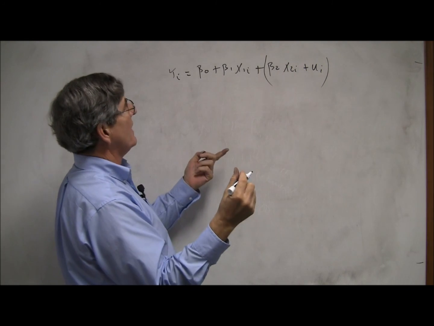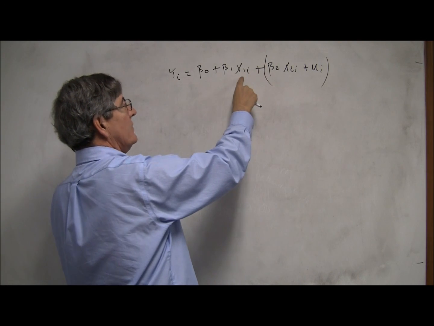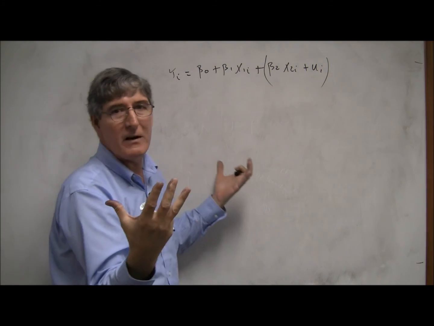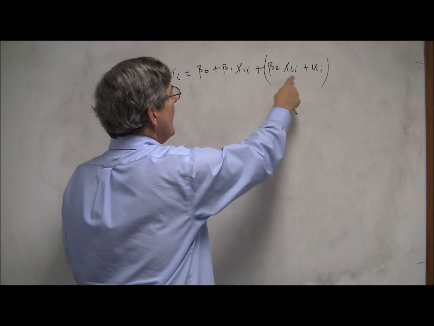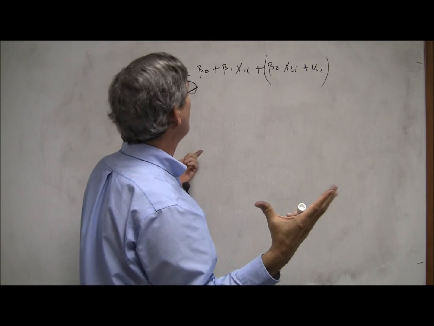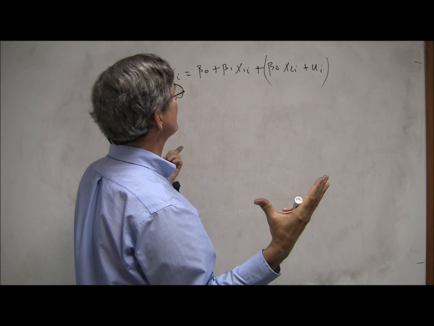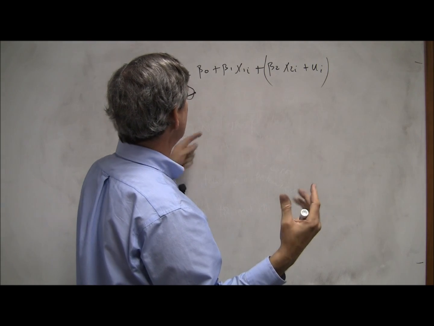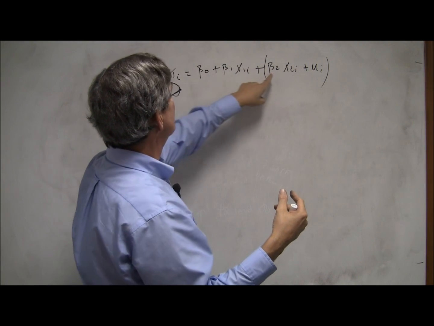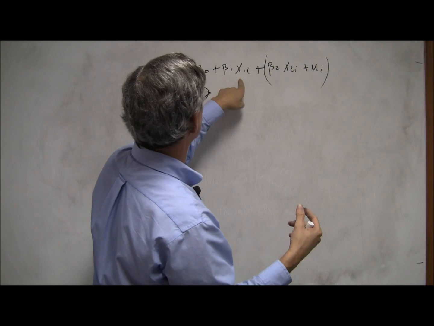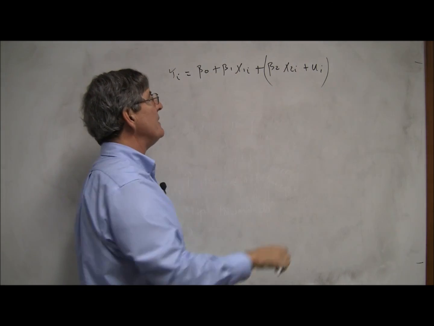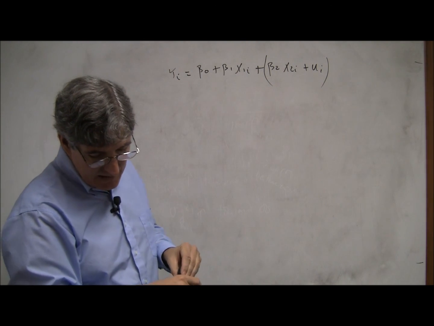But now I've got an omitted variable problem because this is correlated with this. It's highly correlated. They're imperfectly multicollinear. And it causes this. So both of the conditions for omitted variable bias would be there, and beta 1 would be hugely biased if there was a high degree of correlation between these two. So you can't just drop it and leave it in the error term. That's not going to work.